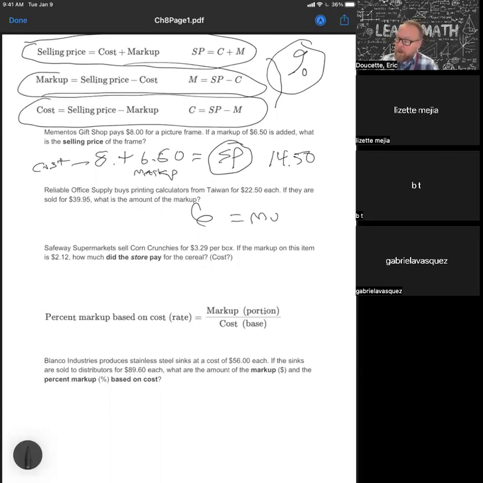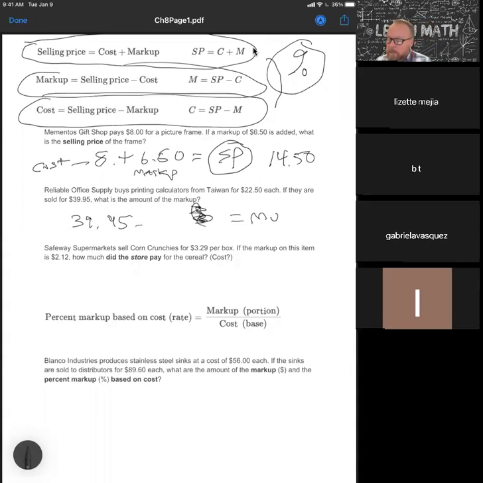So we want to take $49.95 minus $22.50, and that's going to give me my markup amount. You're welcome to do the math. Whatever that comes out to is the markup amount. We haven't figured out the percentage of markup, only the markup amount. You guys with me? All right.